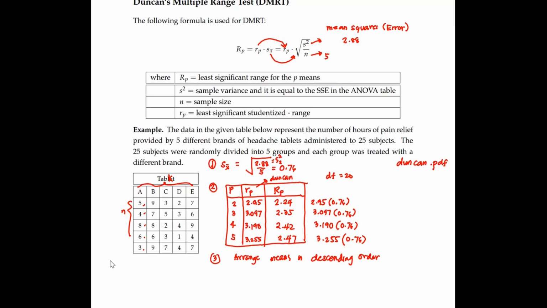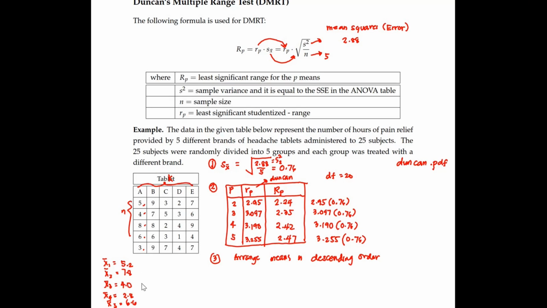From the previous example, x sub 1 bar is 5.2. X sub 2 bar is equal to 7.8. X sub 3 bar is 4.0. X sub 4 bar is 2.8. And then X sub 5 bar is equal to 6.6.